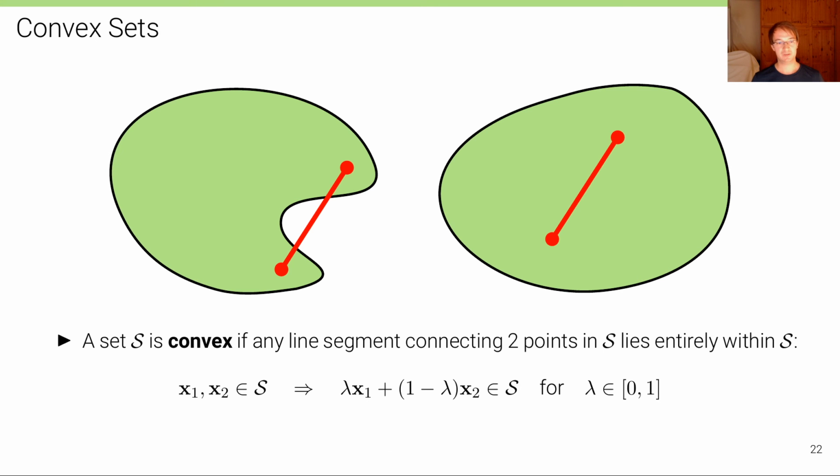In order to see this, let's step back for a second and just recap for a moment what a convex set is. A set S, so here I have shown 2 sets here in green.